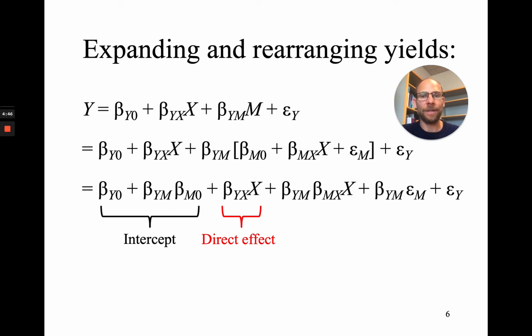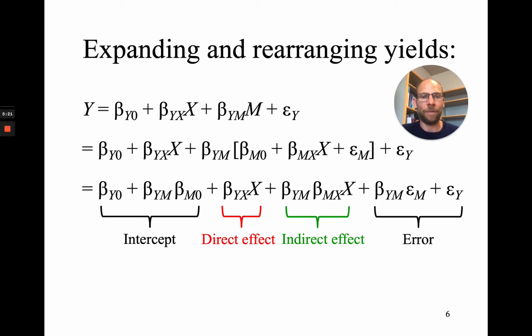Now x appears in the equation once more because it's also influencing m, and that effect that x has on m is now included in this equation. So that must be the indirect effect, because the direct effect is already given by this direct path beta yx, and there's no doubt that this is the direct effect. This is the indirect effect, and you can see it's the product beta ym times beta mx. So now it's clear that this is the correct way to measure the indirect effect.